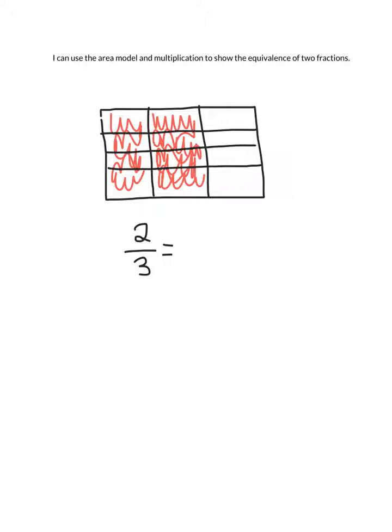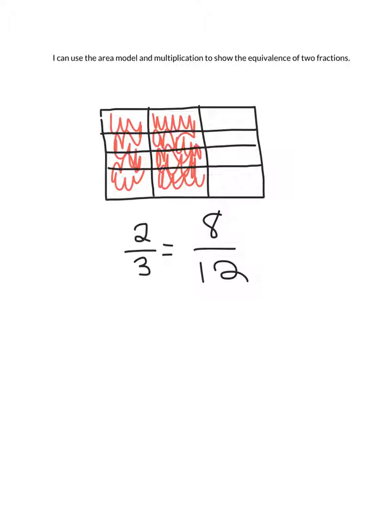So we know that there were 3 sections to start with, and now we have 12 sections. And where 2 were shaded at the beginning, now we can see that 8 are shaded. Using the area model, we can now see that 2/3 is equal to 8/12.